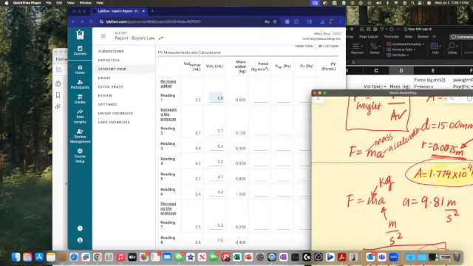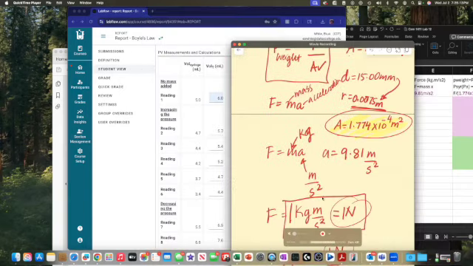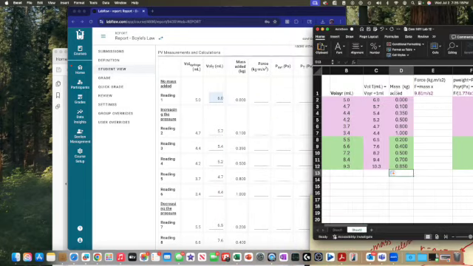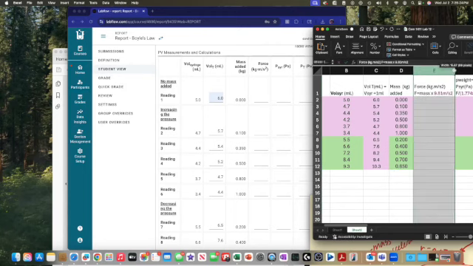It has the units here, kilogram meter per second squared. Did I put the formula here? Oh, I didn't put the acceleration. So force is equal to mass times this number, the acceleration. So what is my mass?